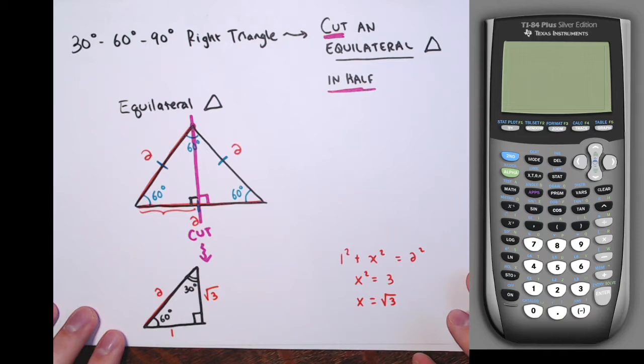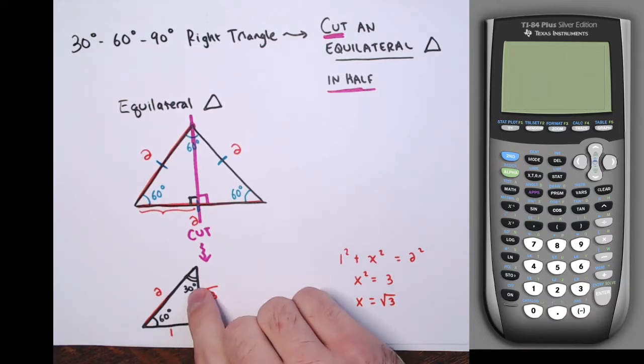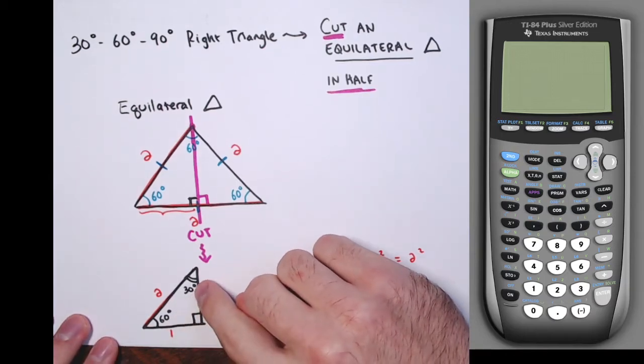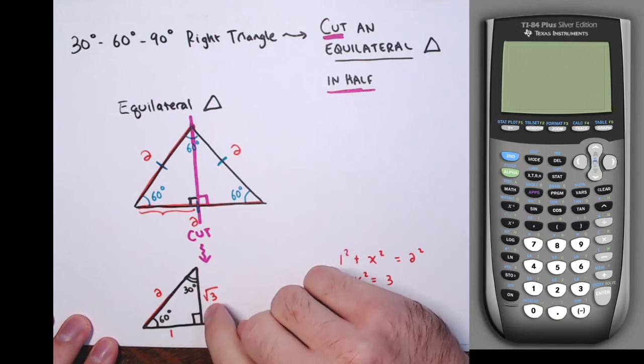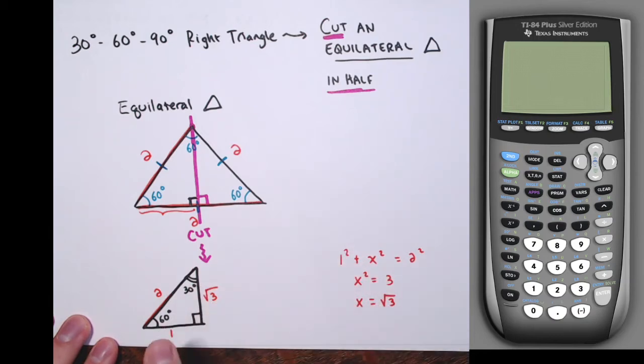Okay. So now, using this triangle, we can figure out the sine and cosine and all the trig ratios, all 6 of them, for a 30-degree angle, because you see I have a 30-degree angle in this right triangle, and for a 60-degree angle. It depends on which one you focus on, so you gotta pay attention.